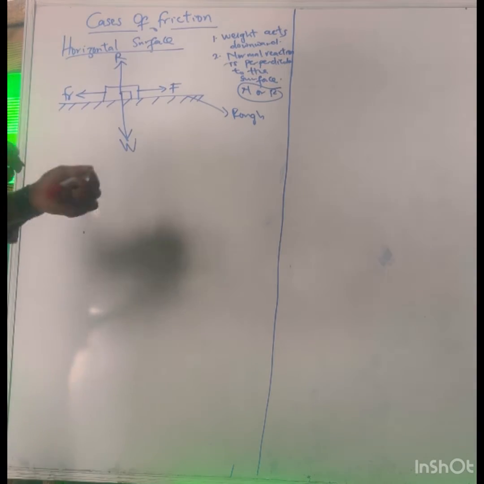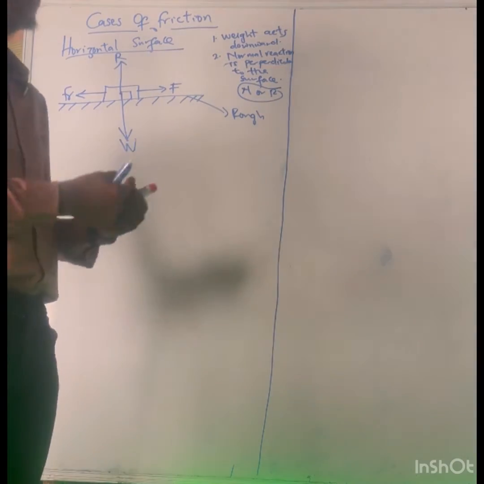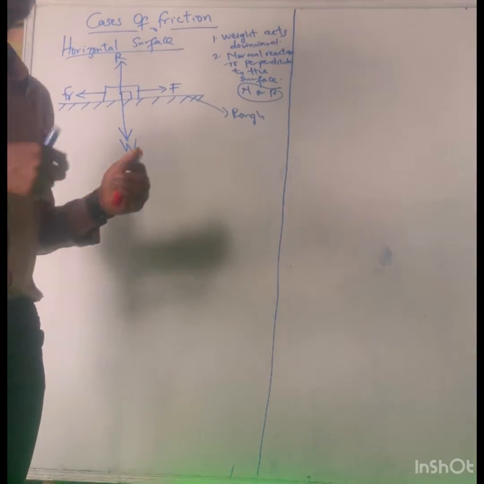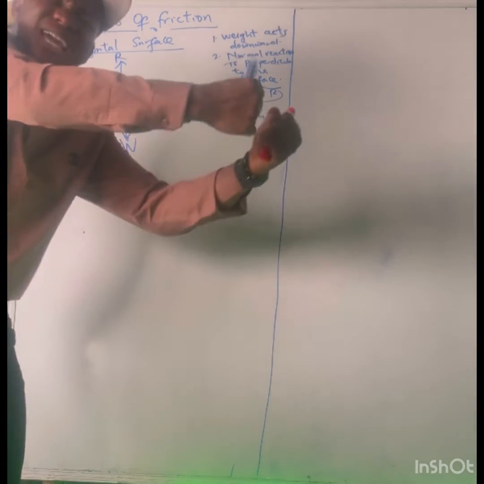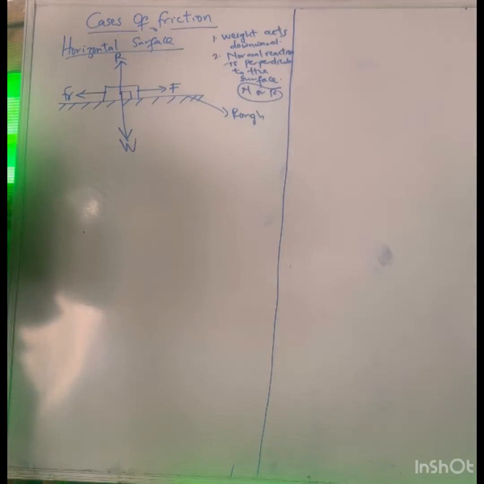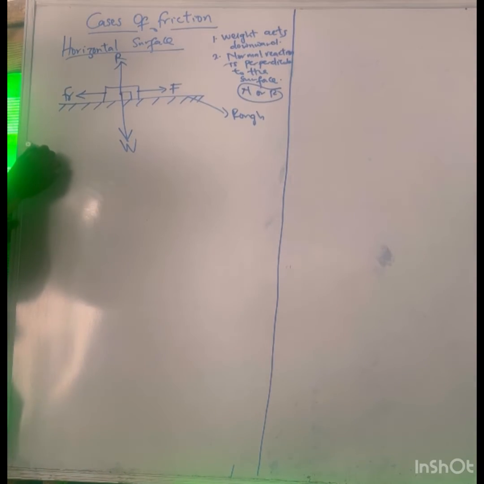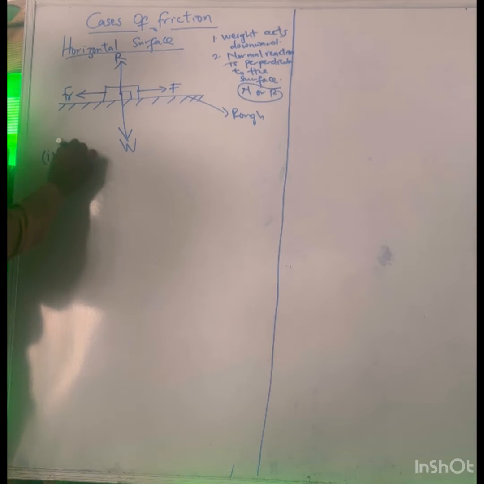It will not allow the body to move forward; it drags the body back. So I can make different inferences from this case. The first inference is when the object is at rest.